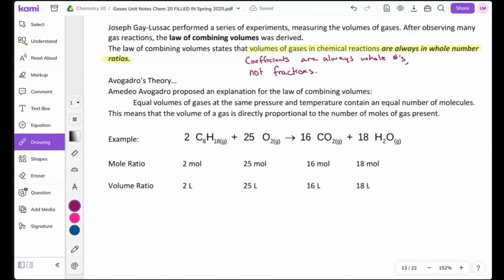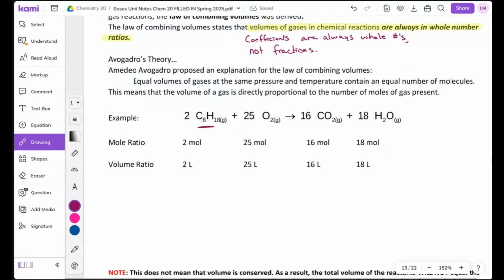Now, this part underneath this chemical reaction is just trying to relate what the previous sentence is saying. So with our example here, we've got 2 moles of C8H18. So the amount of gas must relate to how much volume of said gas you have. That's what it's trying to say.